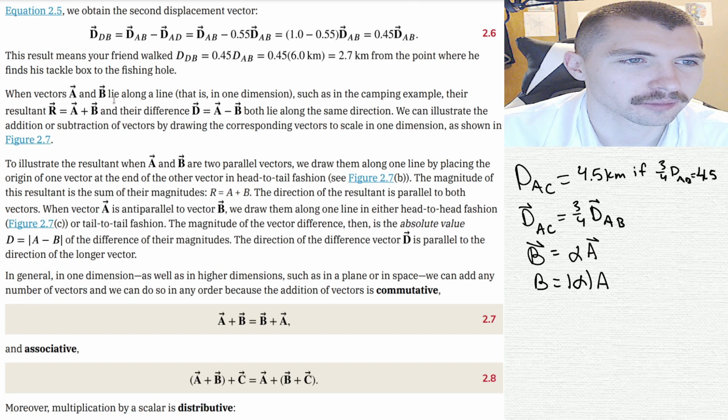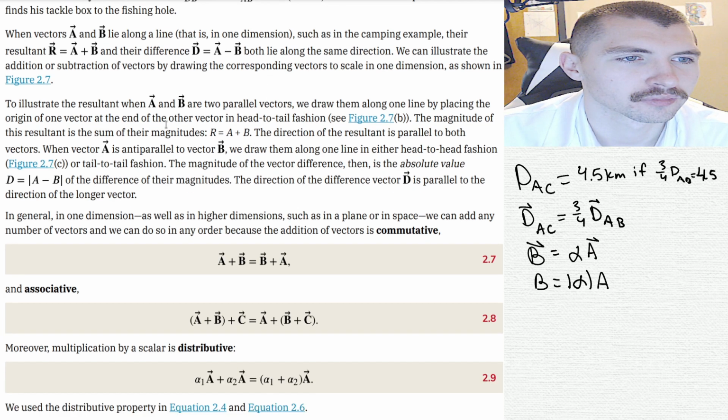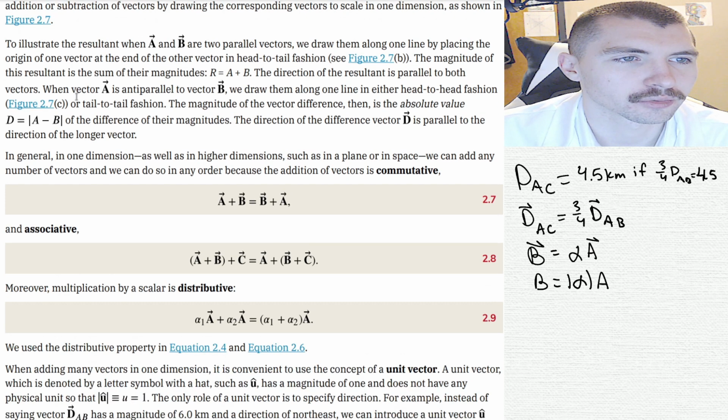When A and B lie on a line, and their difference both lie in the same direction. Alright, so when a vector is antiparallel to B, draw them along one line in either head to tail fashion.